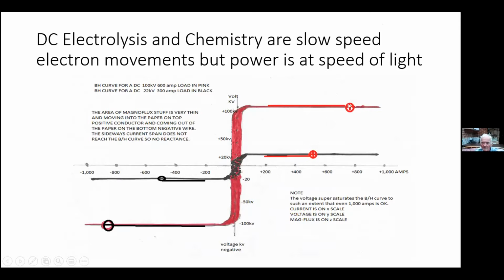So it could then vibrate backwards and forwards on this line, but it's going away from you. So the area, you've got to think of like thin sheets or areas of Magnoflux going away from you, or going into the paper and coming out of the paper and then rotating.